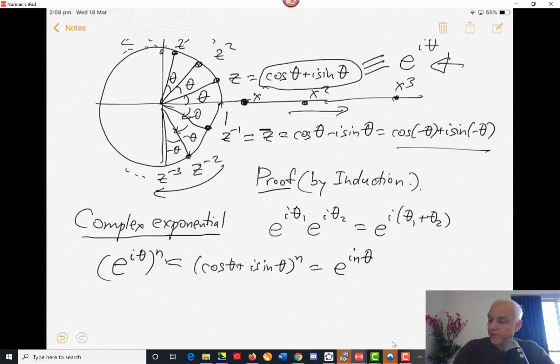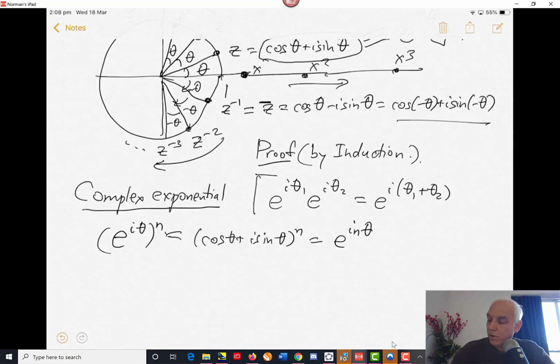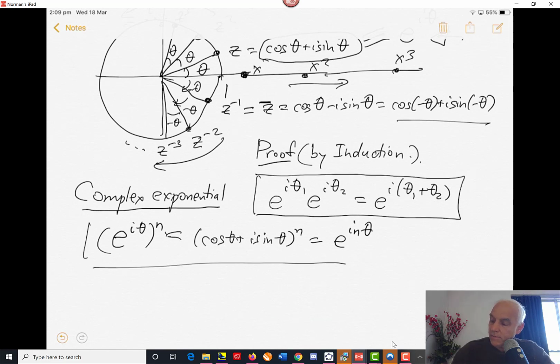Those are two very important properties of the exponential function that mimic the way the usual exponential works. In many cases it's a lot easier to work with the exponential rather than the cosines and the sines, and there's now an intimate connection between all three of these things.